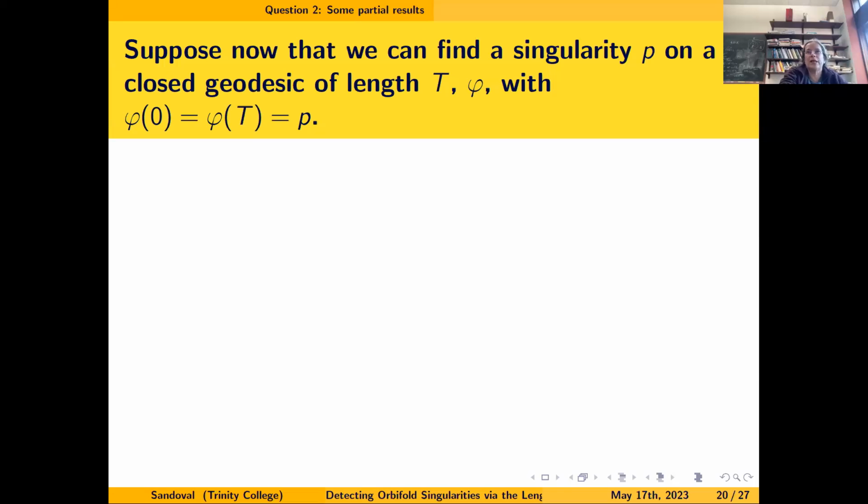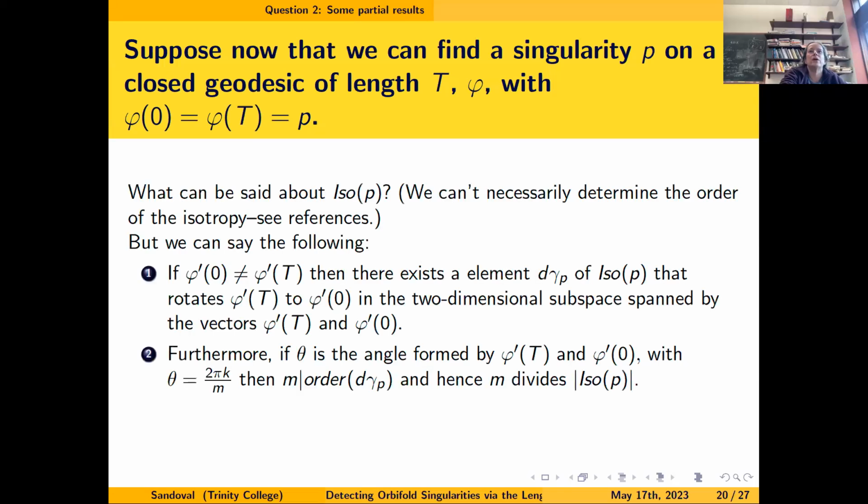Can we get anything out of that to say something about the isotropy group itself? That's what we'd like to know. We know we can't necessarily determine the order of the isotropy because of other results by other people, but there are some things that we can say.